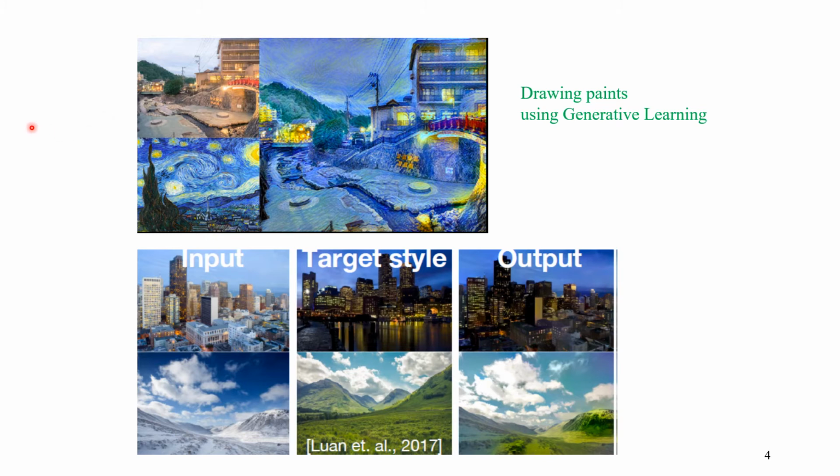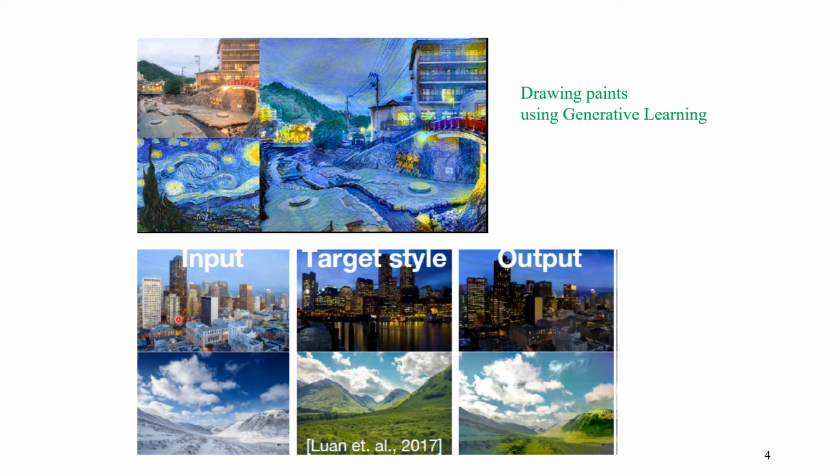When the training is done, you give a new input image like this, and then you ask the algorithm to paint this. Then the algorithm draws something on top of this, and this is the result. It is based on the original image, but it looks quite like a Van Gogh, right? That's a very interesting example of deep learning.